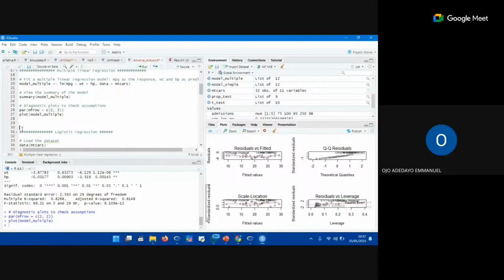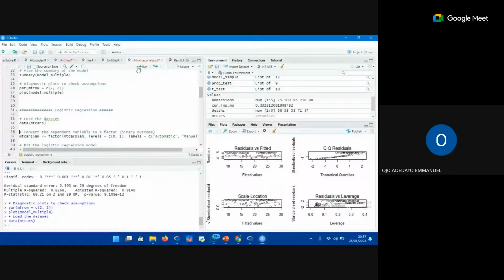So let's check the logistic regression, that's the next one. Remember that in logistic regression, your dependent variable must be dichotomous, two outcomes, yes or no. The one I want to use here is the car that is automatic and the car that is manual.